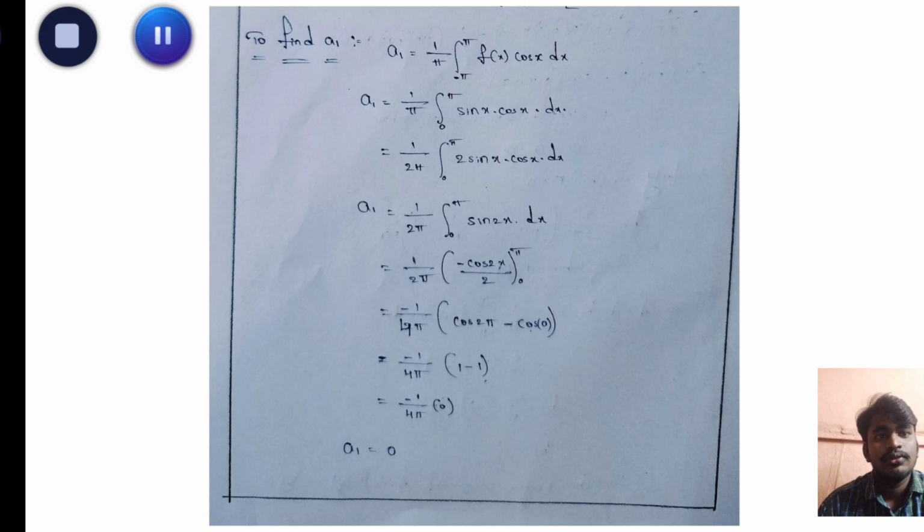Since the function is even, it is 2 by pi integral 0 to pi sin x cos x, that 2 comes into the formula. 2 sin x cos x equals sin 2x, so a1 equals 1 by 2 pi integral 0 to pi sin 2x dx. Integrating, sin 2x gives minus cos 2x by 2. Finally, the value of a1 equals 0.